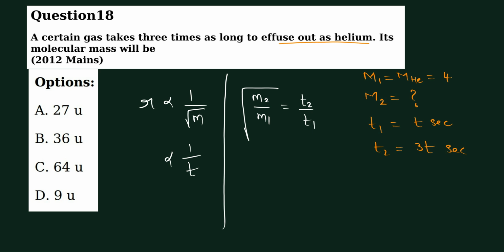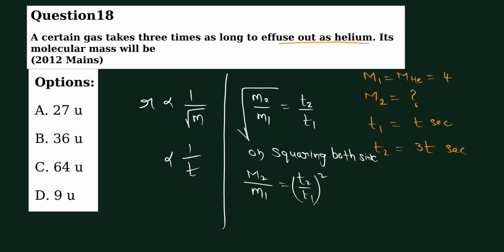We don't know root M2, so square both sides to remove the root. On squaring both sides, what will you get? M2 by M1 equal to T2 by T1 whole square.